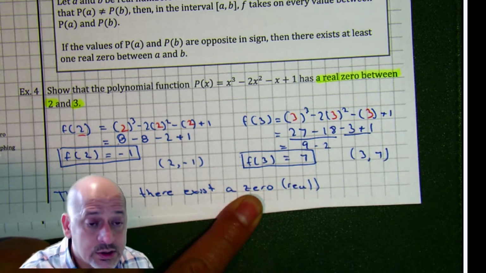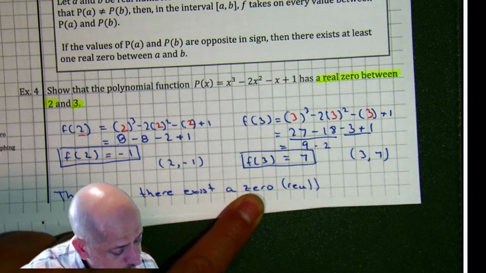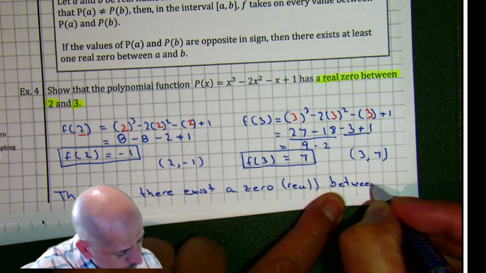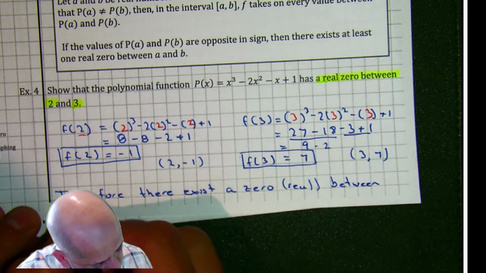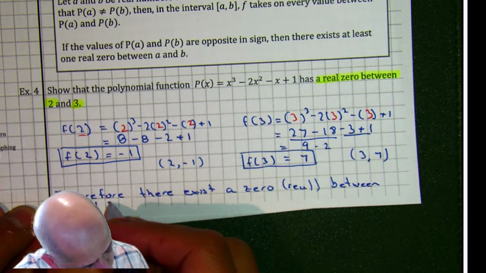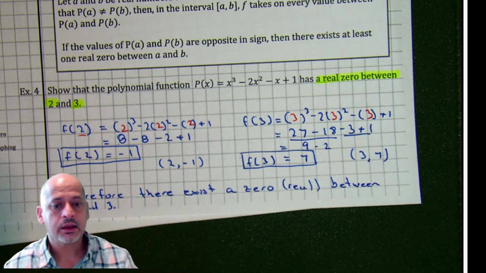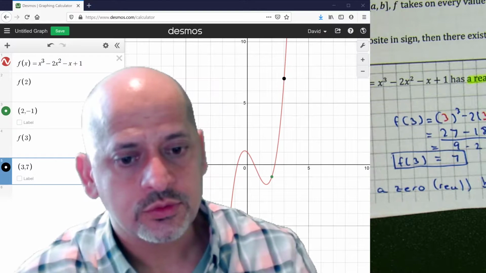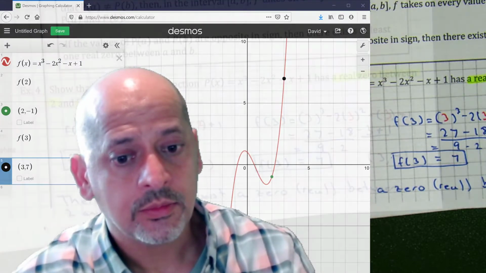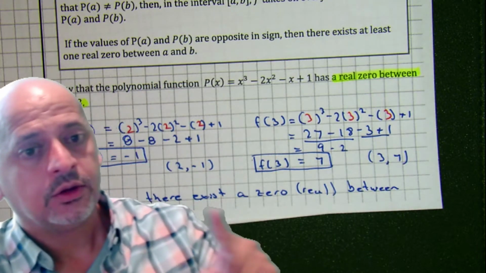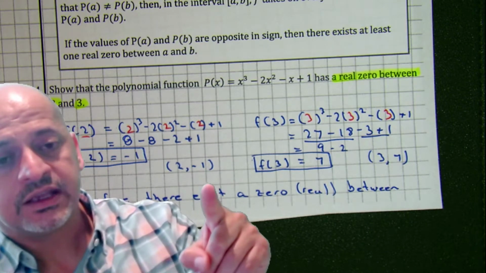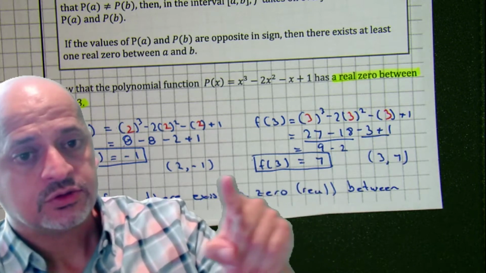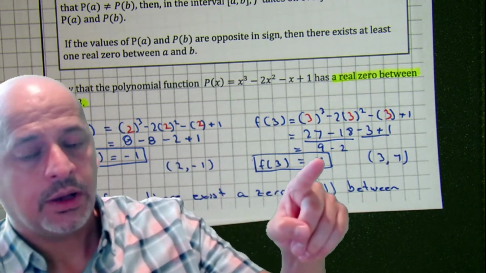In this case, there exists a real 0 between 2 and 3. Why? Because we end up with two types of solutions. If you plug in a 2, it gives us negative 1, and if you plug in a 3, it gives us a 7. So one negative and one positive.